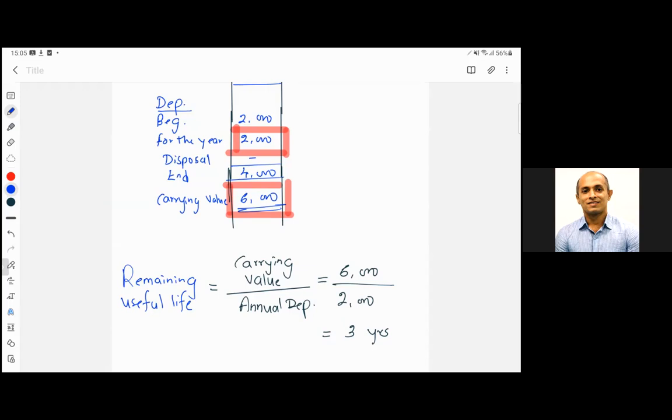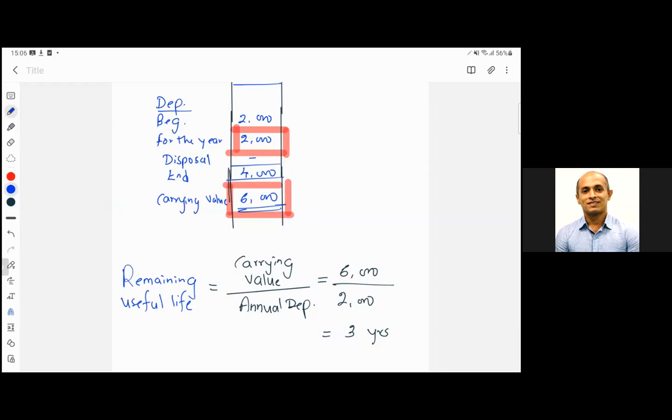So you can estimate the remaining useful life of property, plant and equipment by taking the carrying value and dividing it by annual depreciation. So this is an estimation.